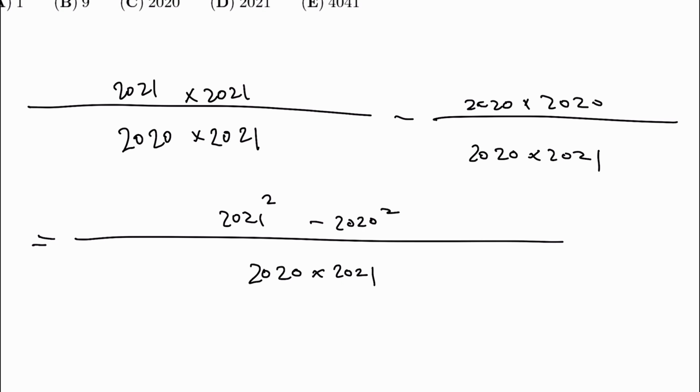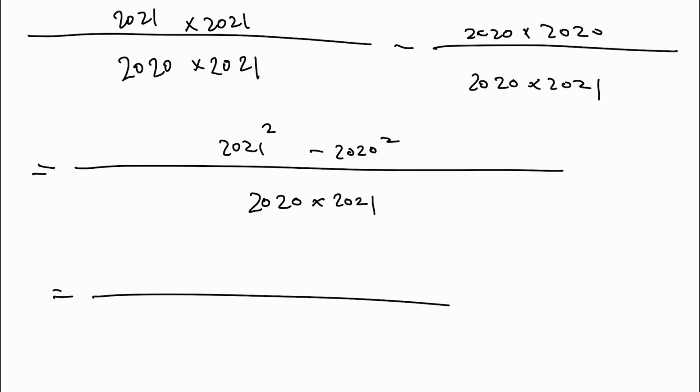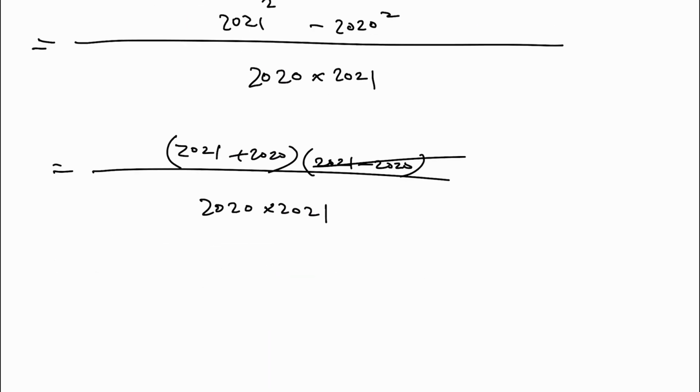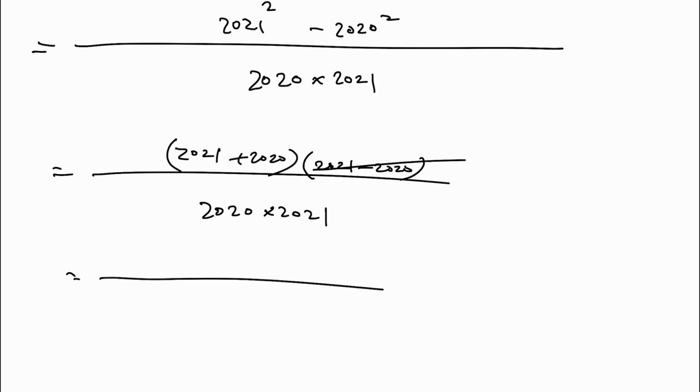We can then use the difference of squares formula to get the numerator as 2021 plus 2020 times 2021 minus 2020. Well, that second factor is just going to be 1, which means that our numerator is 4041.